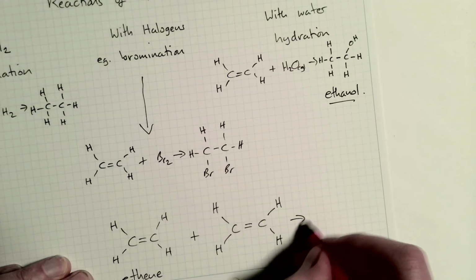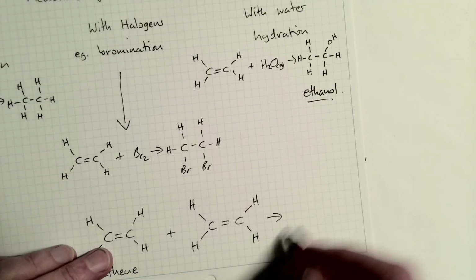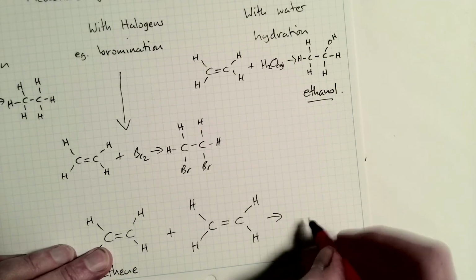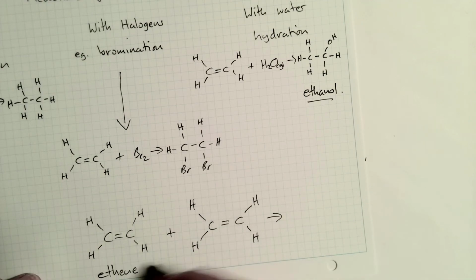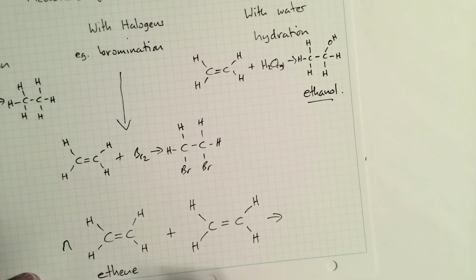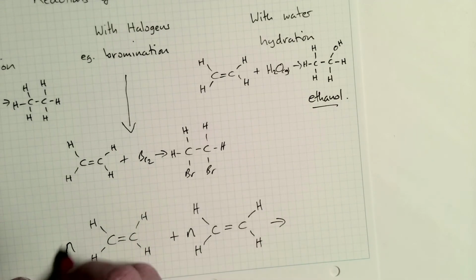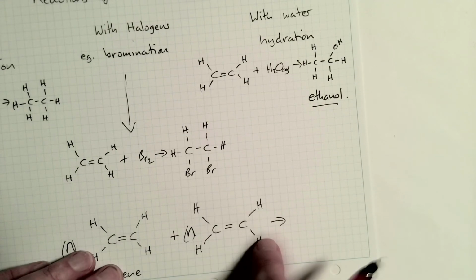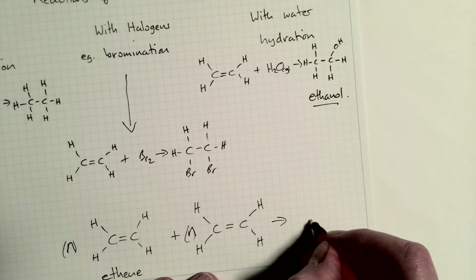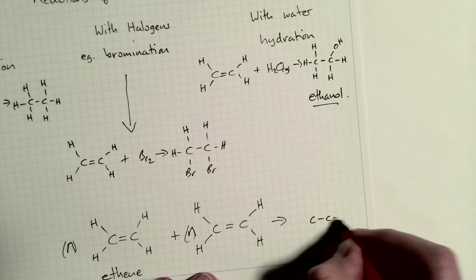And what does it react to form? Well, it reacts to form a polymer, because what I can do is I can have n of those and n of those, and many of those will react to form essentially a very long alkane eventually.